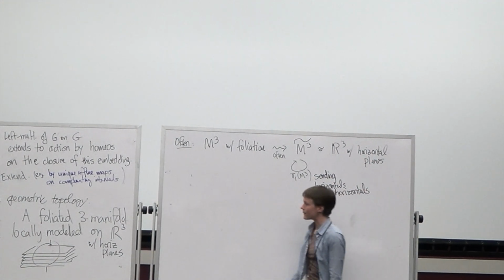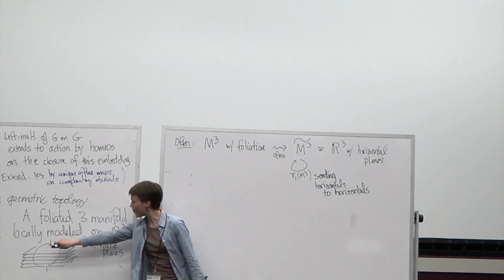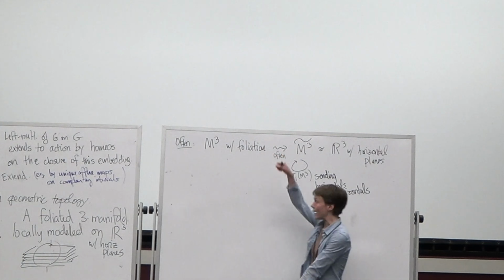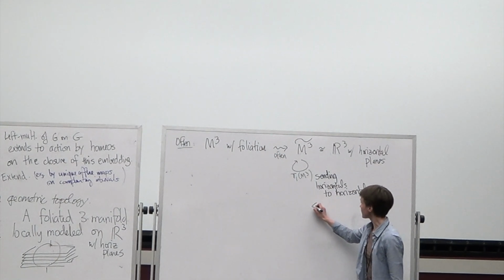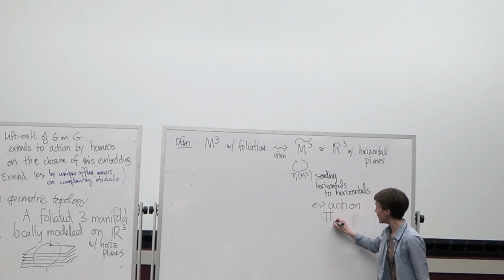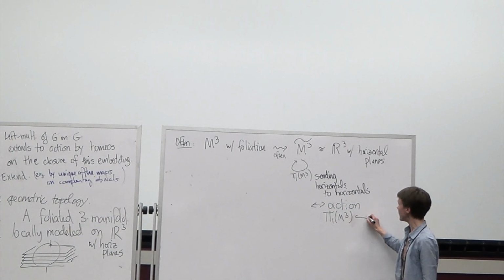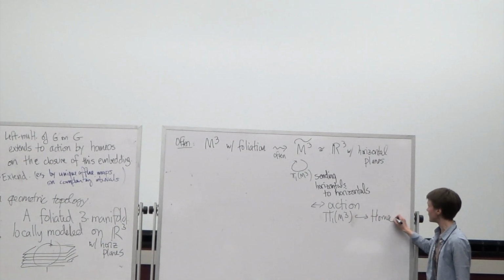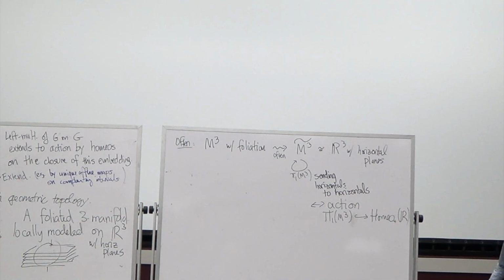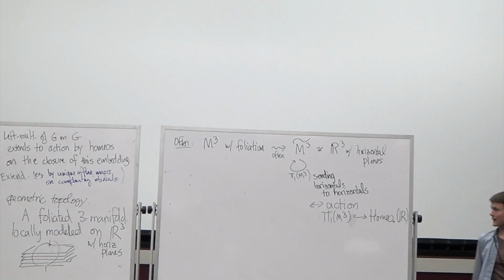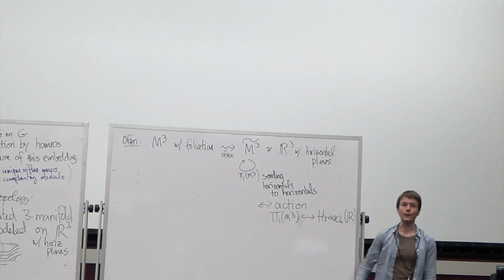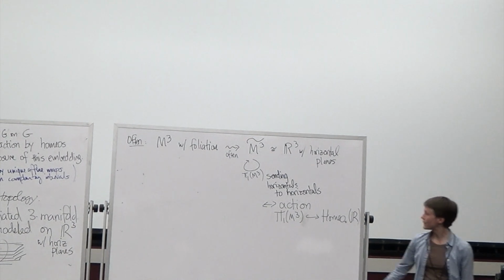If I thought of collapsing each one of these horizontal planes to a point, they're just shuffled around, I get an action on the line. So, a way of putting the fundamental group into the group of homeomorphisms of the line. If my manifold was oriented, or my foliation was what's called co-oriented, I'll have that orientation preserved. And what did we just see? That gives you a left order on your group.